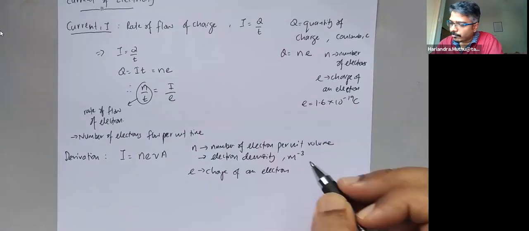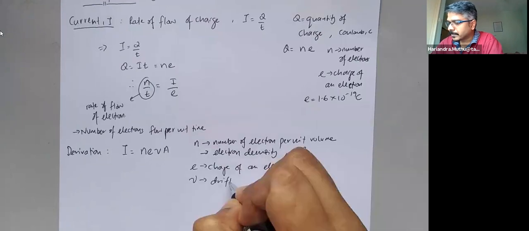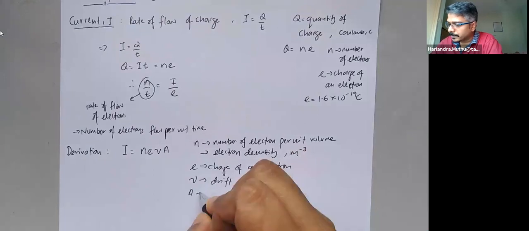V is known as drift speed. And A is the cross-sectional area.